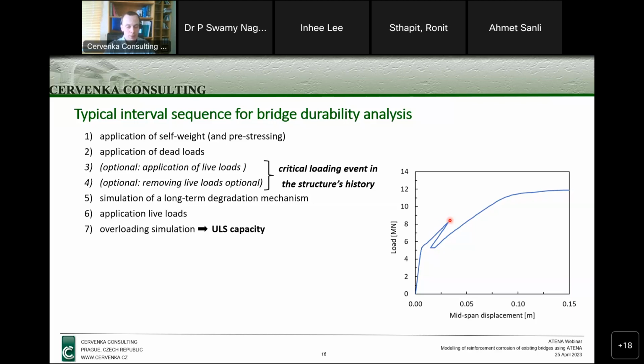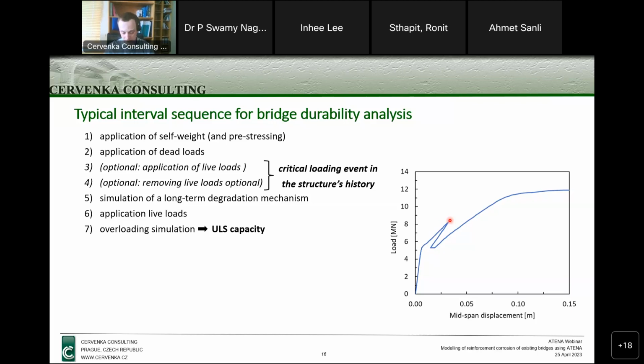However, it probably does not represent what happens in reality, because the degradation mechanism acts on bridges in the long term at probably much lower load levels.